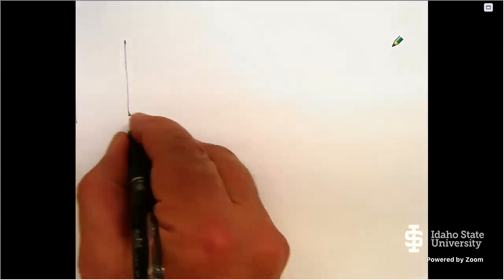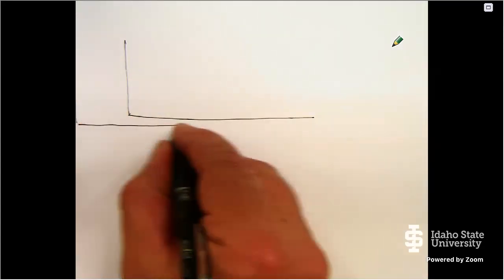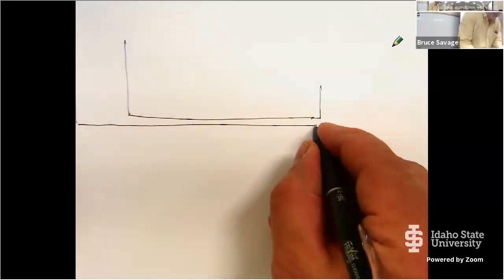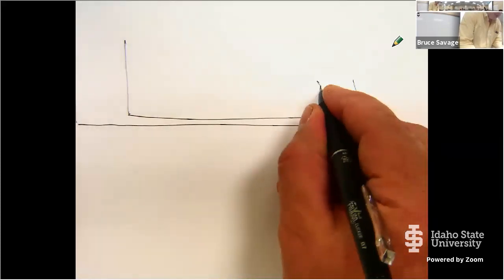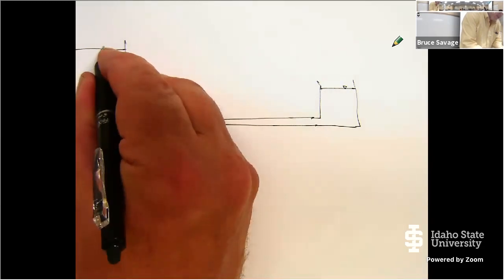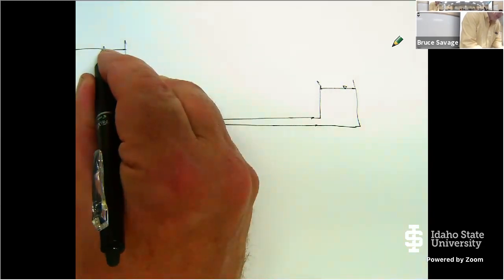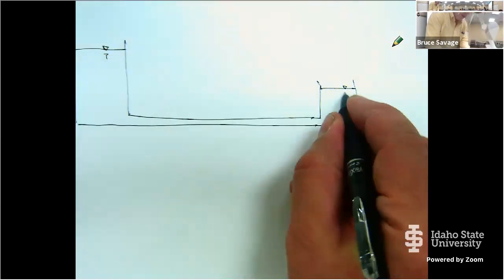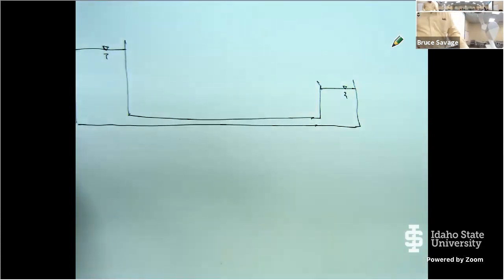A lot of times, and we're going to do it today, we're going to have two reservoirs that are connected, and each of them has a water surface elevation. There's our water surface elevation, okay? And hopefully we understand the concept.